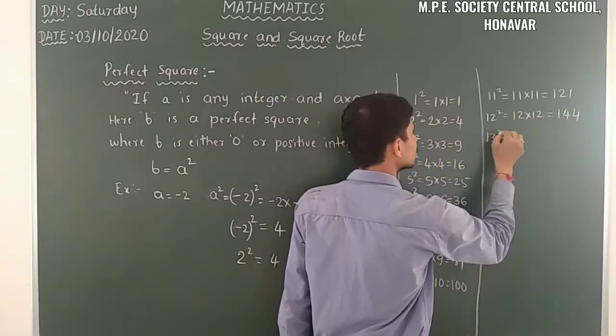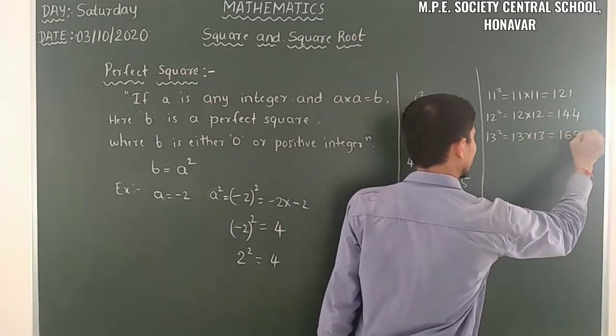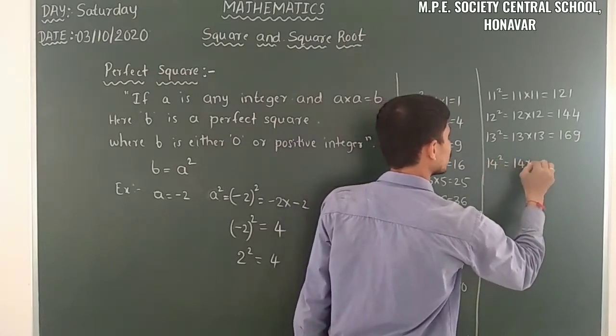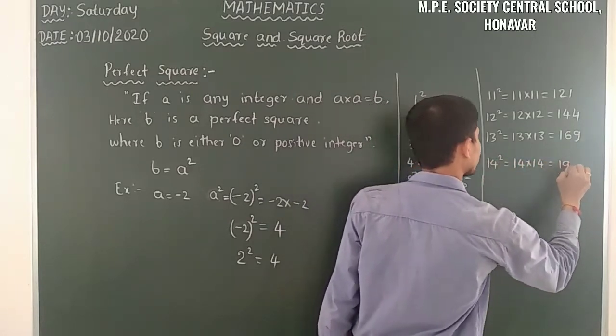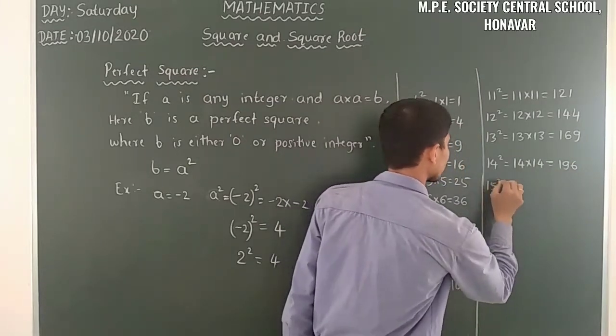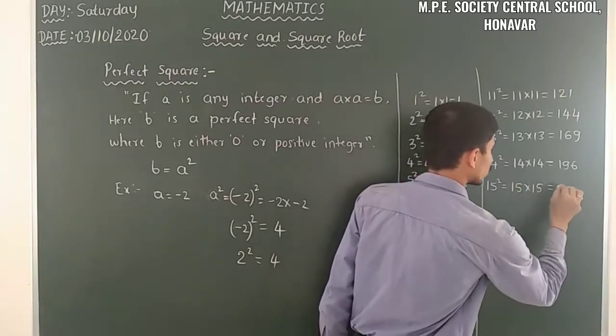Then 13 squared is equal to 13 into 13 is equal to 169. Then 14 squared is equal to 14 into 14 is equal to 196. Then 15 squared is equal to 15 into 15 is equal to 225.